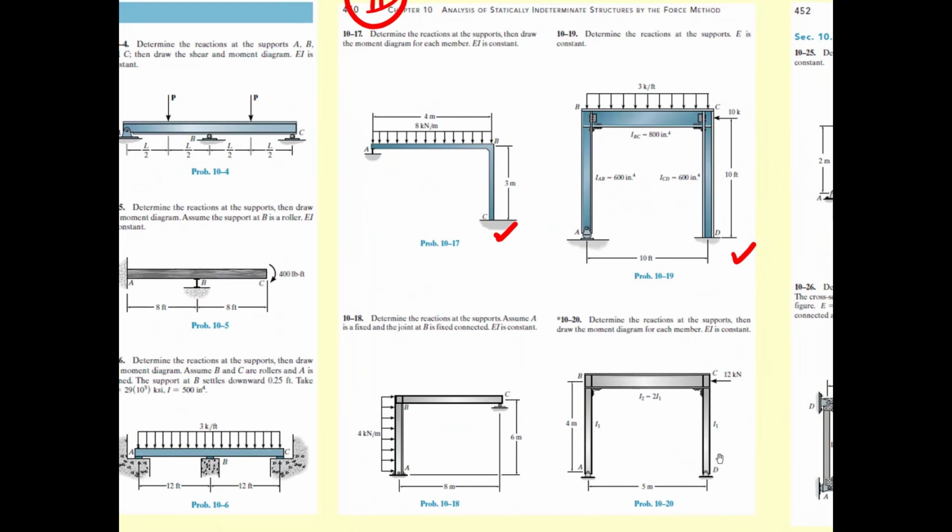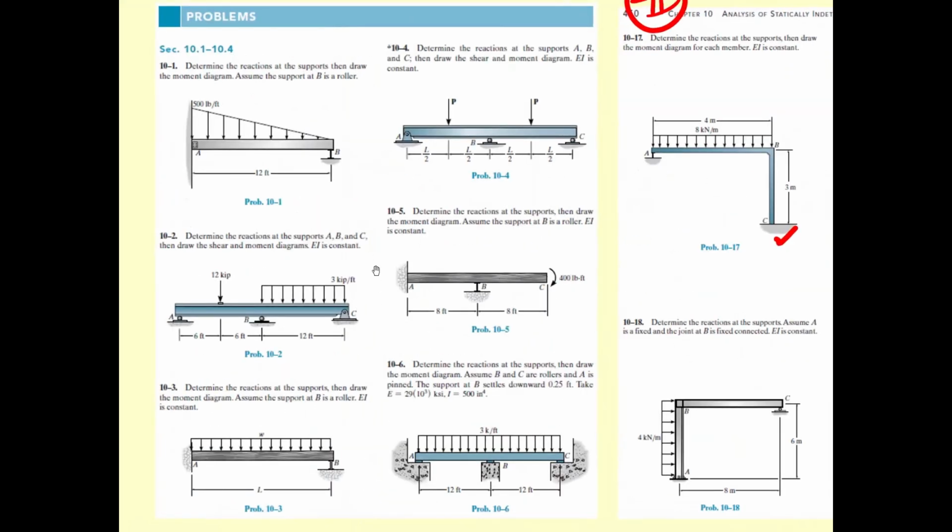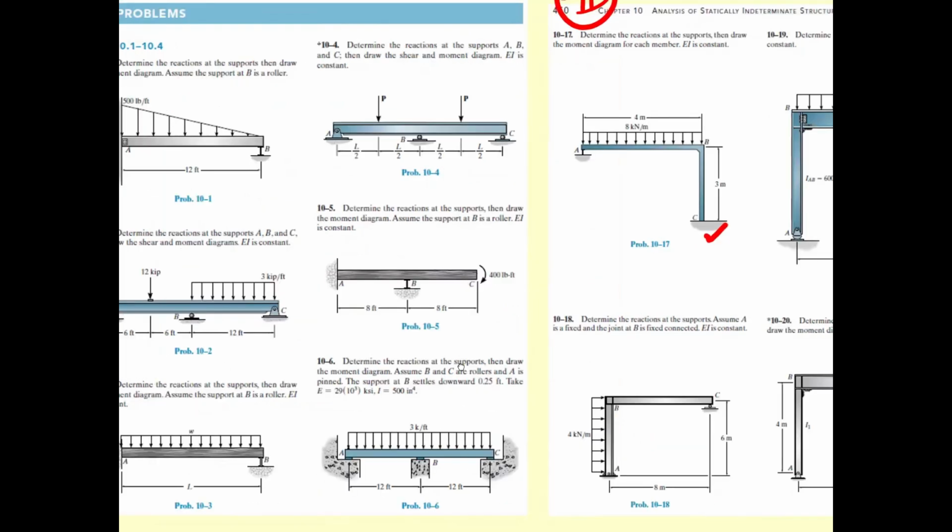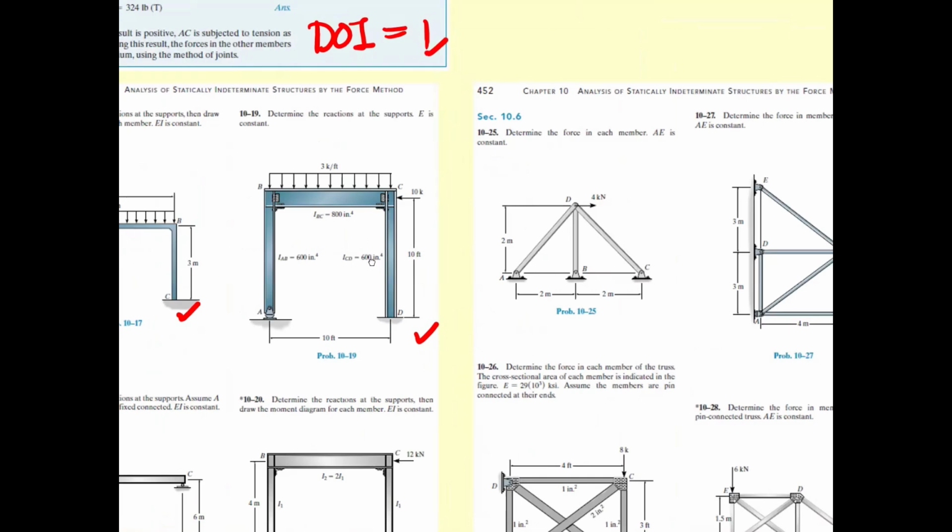If you take problem number 1 also, we're going to have fixed and roller, fixed and roller, 3 types of fixed and roller, and then roller and roller. And this one, the degree of indeterminacy is going to be 1.